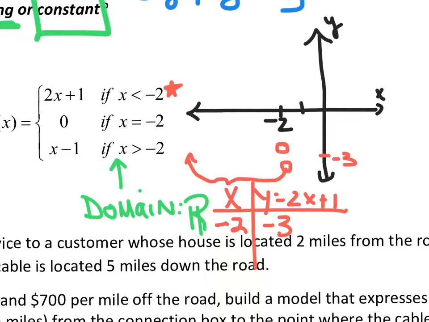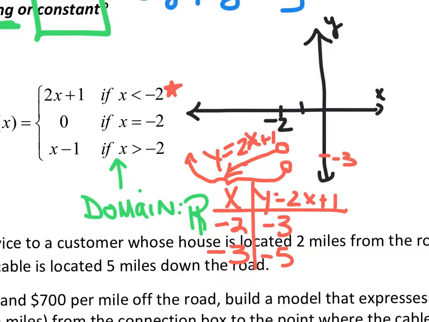And then let's pick another point in that part of the domain which is less than -2. Let's not go too far. Let's use -3. So -3 substituted in. 2 times -3 is -6, plus 1 is -5. So that's down here further. So the graph of this line comes down in this direction, and it is y equals 2x plus 1.